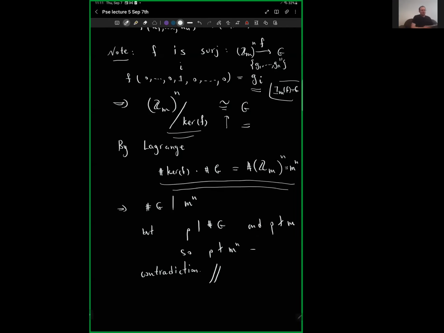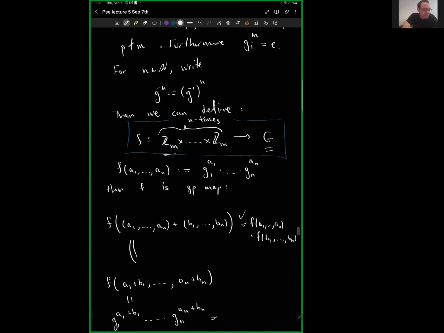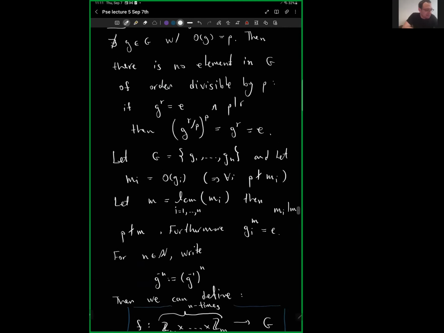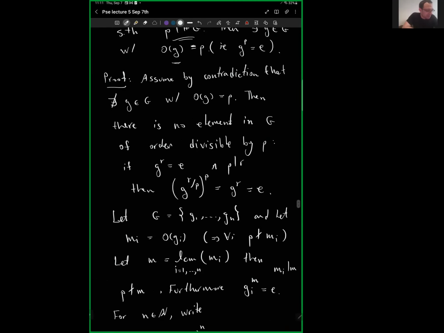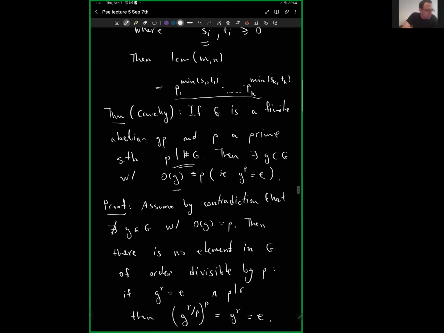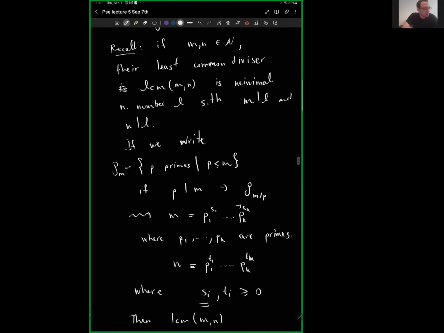Okay, let's go. So I just want to make a correction. I called the LCM the least common divisor, I think, but of course it should be least common multiplier. This should be the least common multiplier.